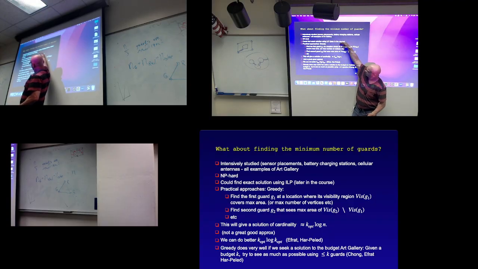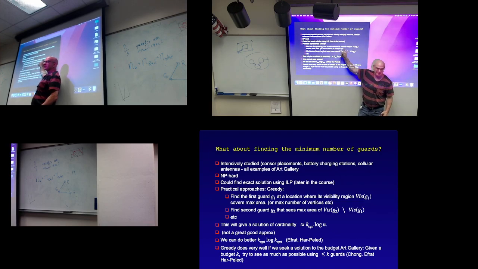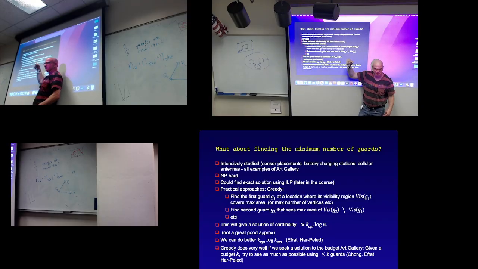Or we can try a greedy approach that is very popular. What would it say? In a simple polygon, I have to decide where the first guard is going to be located. Maybe I'll place the first guard so it sees the maximum number of vertices. Easy to count. I can always see if a point sees each specific vertex or not.